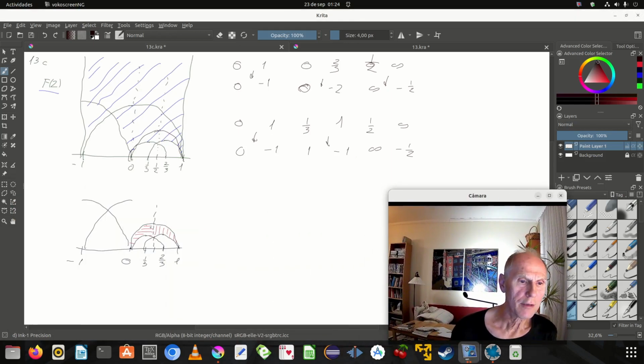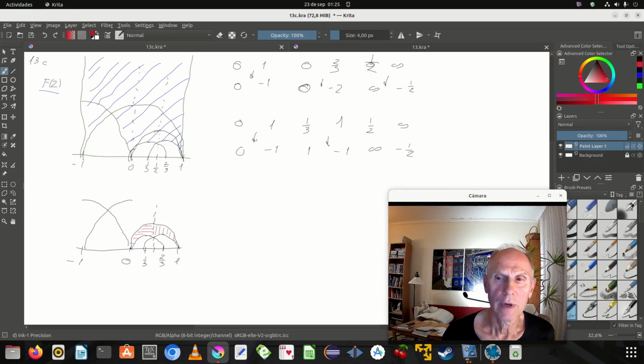So let's try to map the left hand side. 0 to 2/3 goes to, let's make that red. Blue's a better color. So, oh, this is 0 to minus 2.